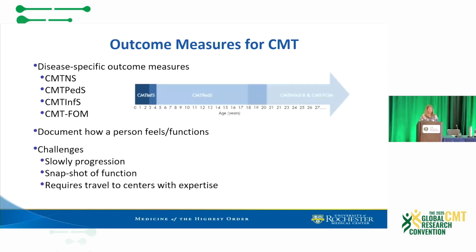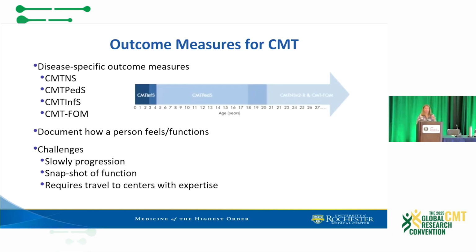We have been able to document natural history in many different types of CMT, but we still have lots of challenges in using these outcome measures in clinical trials. We know that, as you've heard, many types of CMT are slowly progressive, and these outcome measures aren't quite sensitive enough to pick up those changes. They also just represent a snapshot of function.